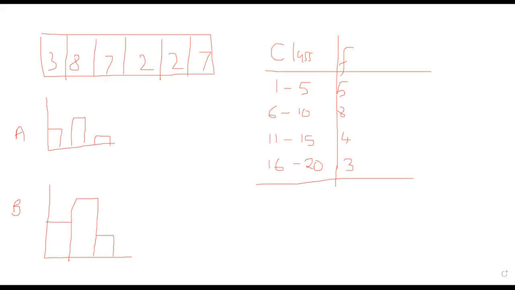A is a bar chart. And B, a histogram. Are we all agreeing? Yes, sir. All right.